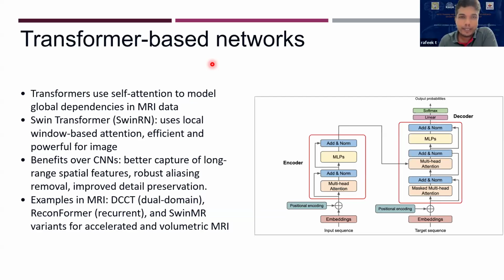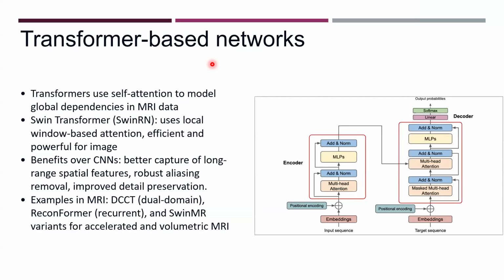Okay, the current trend I have already discussed. The different architectures very commonly used in cardiac imaging are U-Net, transformer-based, and GAN-based models, which are very commonly used.